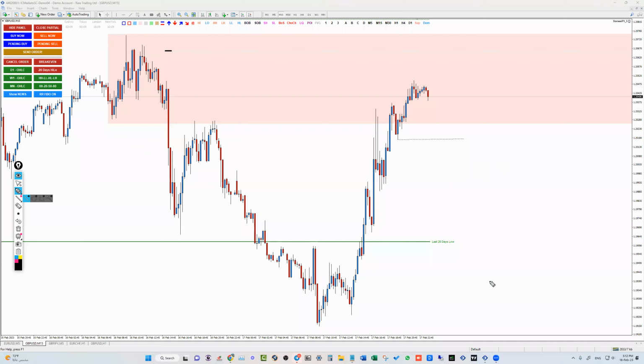So this double break is usually before the chalk happens. Whenever there is a chalk, you just trade it like a chalk, but you can enter earlier when you see a double break. In this case, this is the last high, okay?